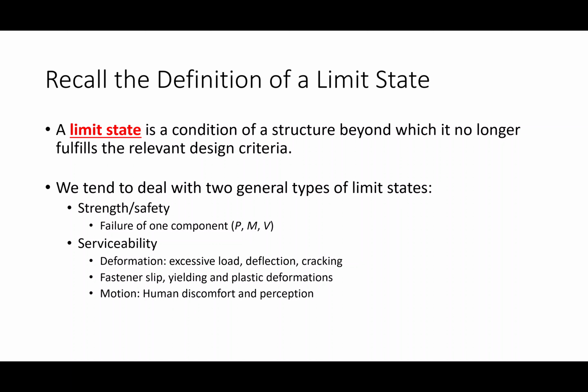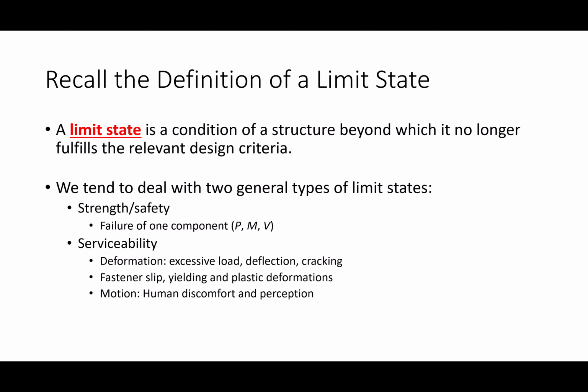So we can calculate the amount of load that it would take to buckle a column, and if the load that we put on that column exceeds that, well then, we say that the element has failed. So basically a limit state is just a condition where we say either the member is good or the member has failed. And those limit states tend to be defined based on 2 categories.